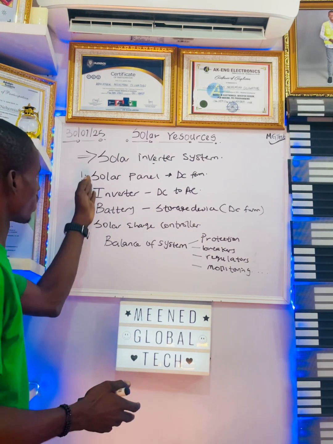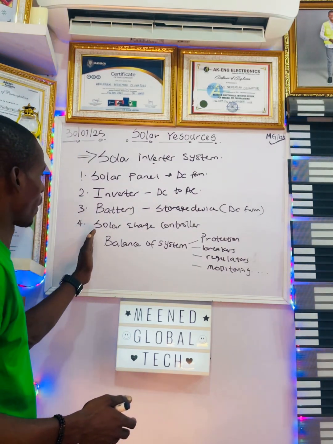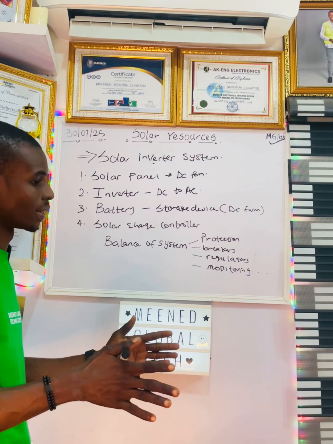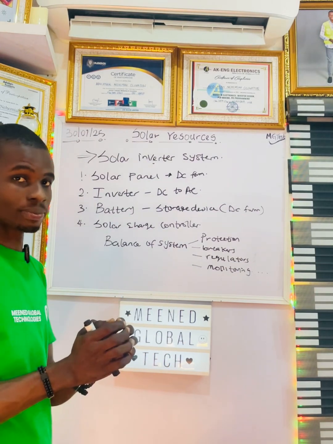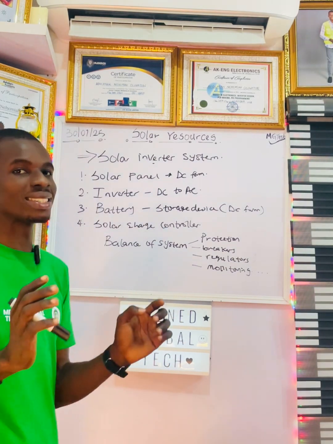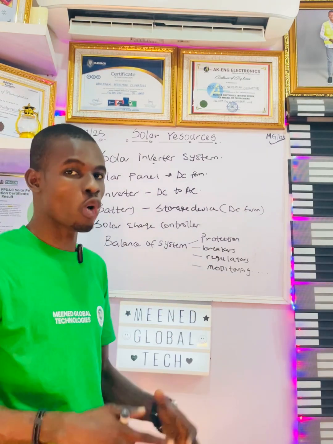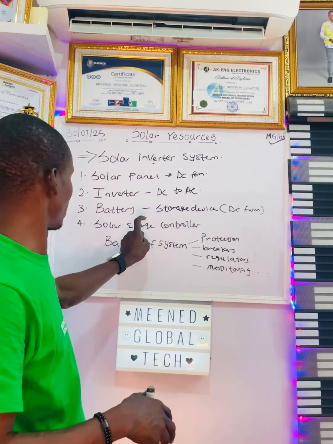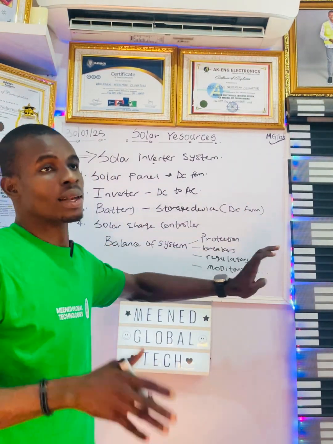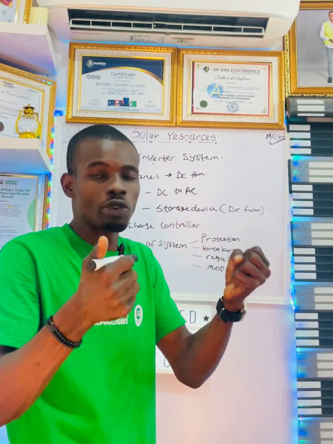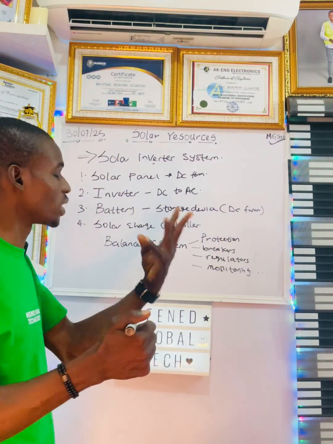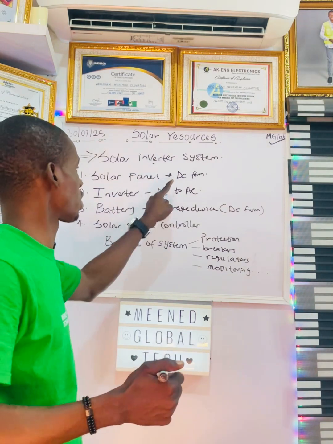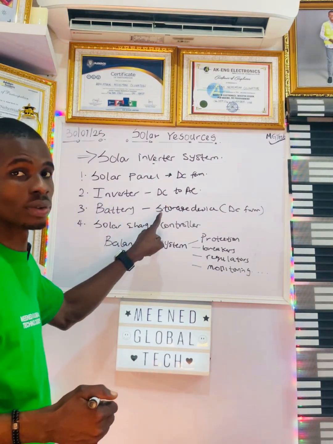All right. How do these four components work together? The battery is the storage device. You understand? The battery has the capacity to store this form of energy. Now, where will it source the DC form of energy? Majorly, it can be sourced from the panel.